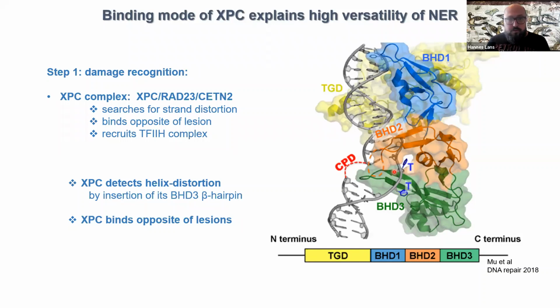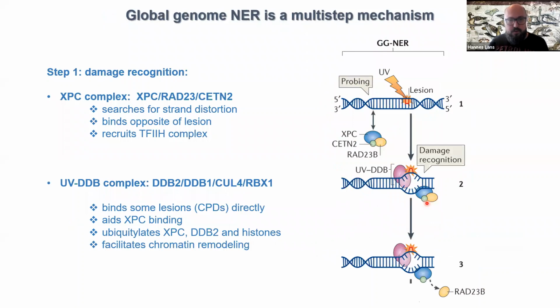Now, not all different types of damage cause sufficient helical distortion for XPC to bind tightly to the DNA. And therefore, there's also another protein complex, which is called the UV-DDB complex, consisting of DDB2 and other proteins that together form an E3 ubiquitin ligase complex. And this DDB2 protein can recognize some lesions very specifically and also bind to these lesions.